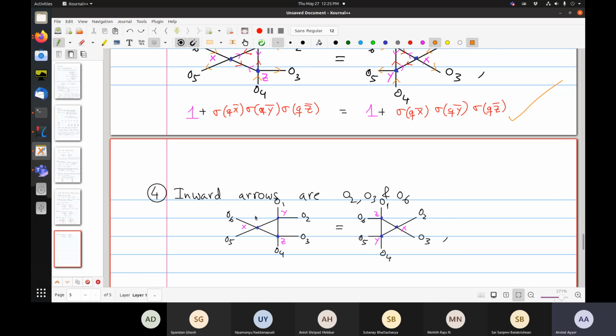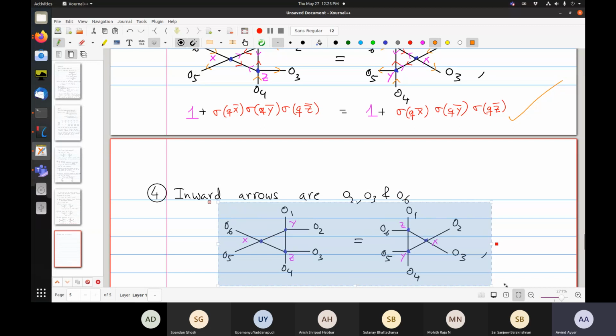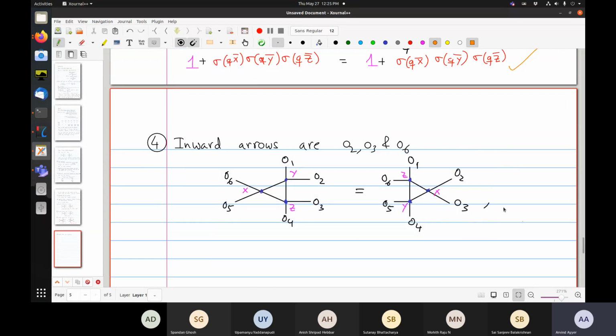So O2, O3 and O6 are inwards, and O1, O4 are outwards. O2, O3, O6 inwards, O1... and now something funny is going to happen.